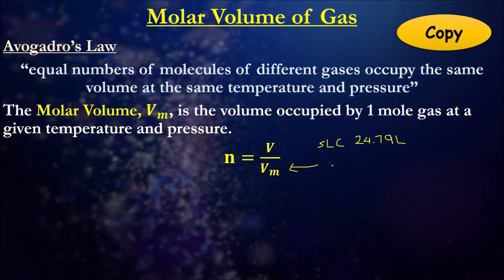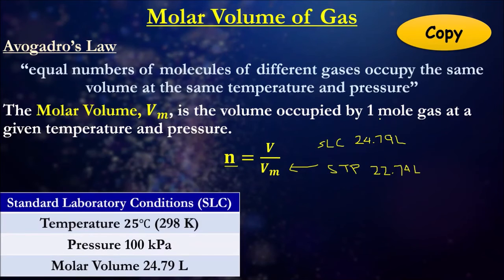And if it is standard temperature and pressure, that's 22.71 liters. That's that number there. Okay. So we know that n is just the number of moles, and V is the volume of gas you have.